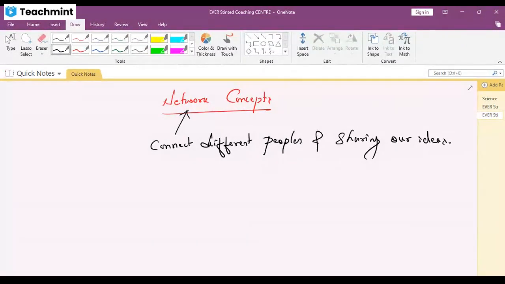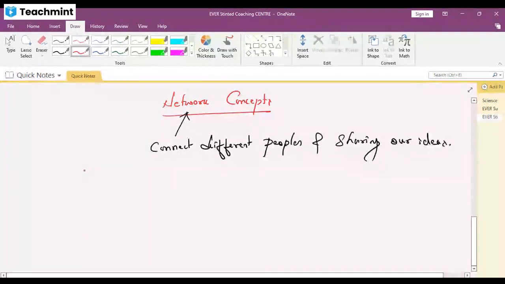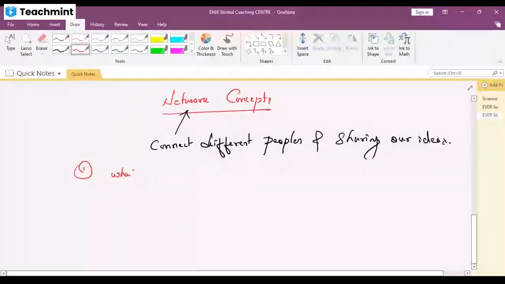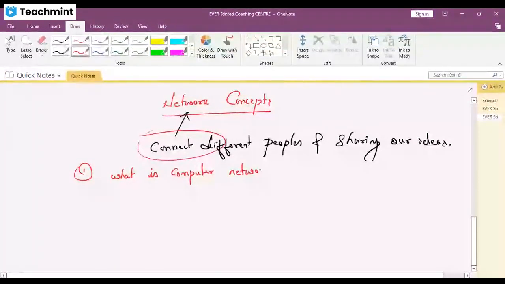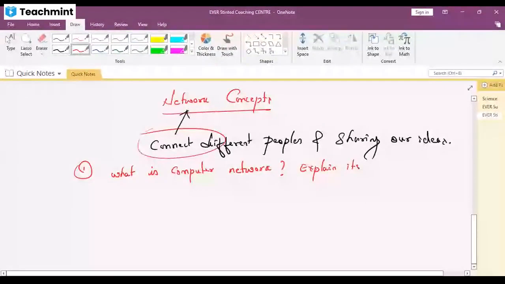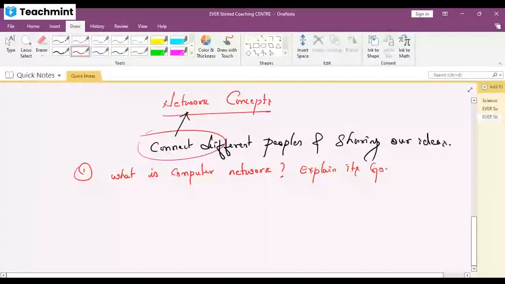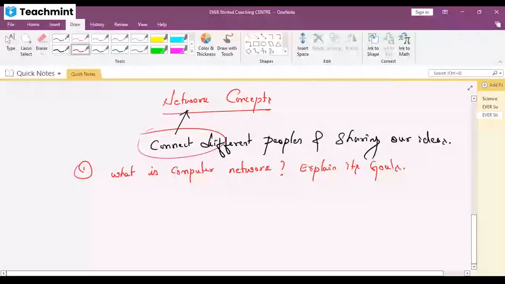Now here you may get a question like this: What is computer network? Explain its goals. Here we were discussing the general network definition, but now we have to discuss what is computer network. Explain its goals.